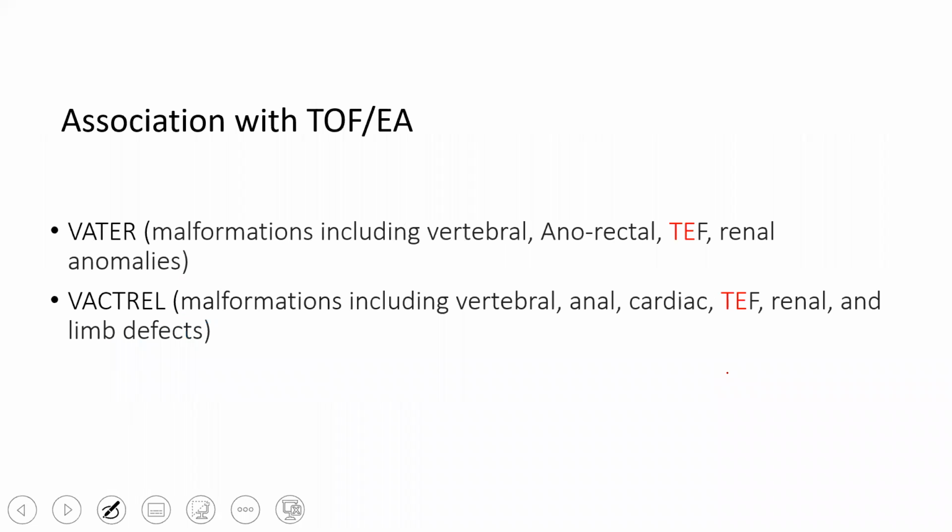Number two, sometimes they want you to search for VACTERL, or VATER, which is vertebral, anorectal, tracheoesophageal fistula, and renal anomalies. If you add cardiac and limb anomalies, that's VACTERL.